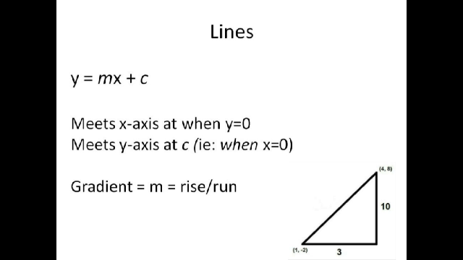That's really exciting. So once you've got your gradient, and they'll have given you a point as well, hopefully, you'll sub in the x and y coordinates of that point, and you'll sub in the m, the gradient you've got, and then you will just rearrange your equation to find out what c is, and then you'll rewrite it in whatever form they ask for.